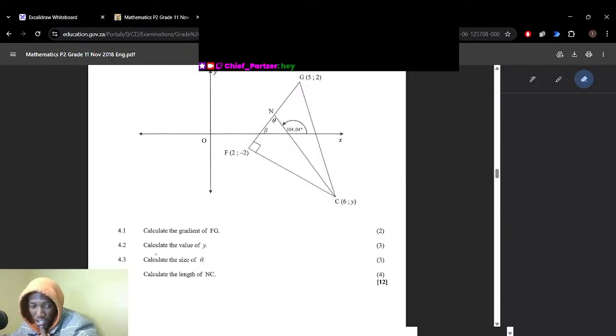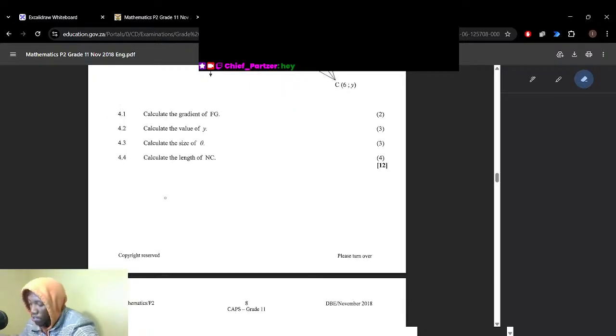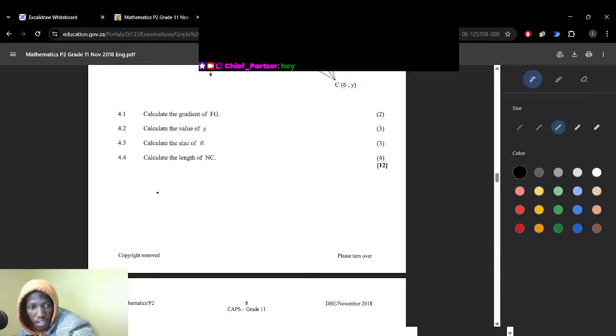So on our assumptions, now we have answered 4.2. So we know point C and we know point N, the midpoint, and we've calculated the y value. Now use the distance formula. The distance formula is actually Pythagoras' theorem if you look at it.